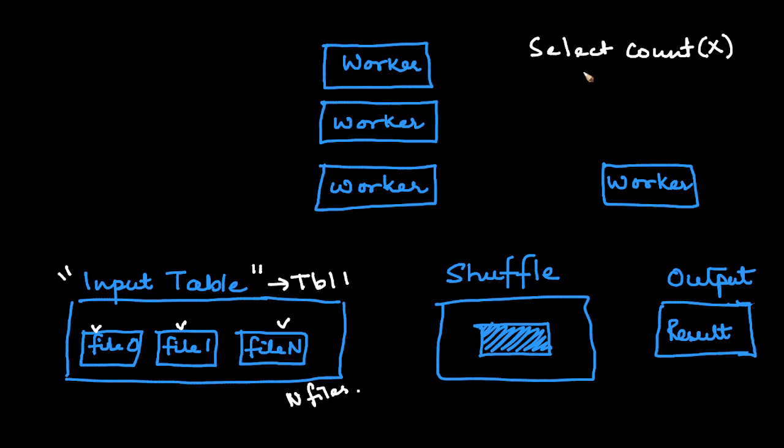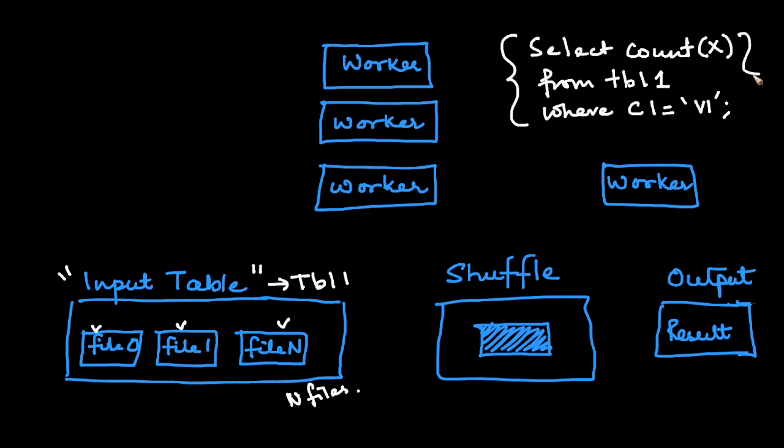So I want to do a select count star from the TBL1 table, and I would also like to say where some column C1, which is there inside table TBL1, has a value of, let's say, V1. That is my query which I want to execute. This is plain and simple SQL, so anyone who is familiar with SQL should be able to understand what we are trying to do. We are trying to count the number of rows from table TBL1 where a certain column C1 matches the value V1.